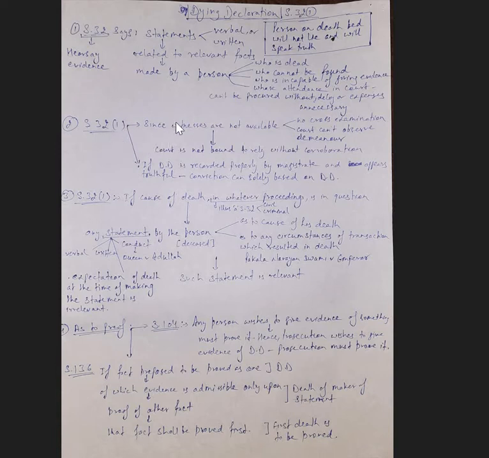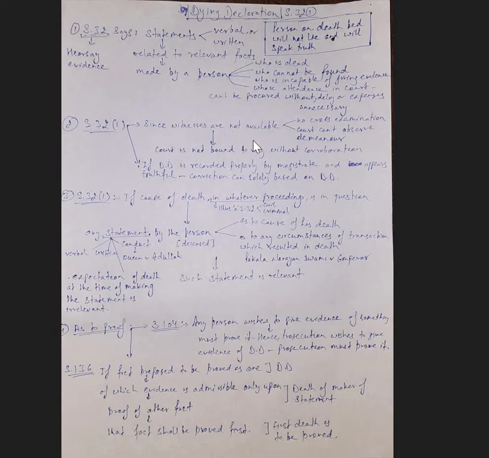dying declaration. Since witnesses are not available, the person who has made the statement has died, so he is not available, cross examination cannot be done, and court cannot observe the demeanor and behavior of the person. If he is in the witness box, then during cross examination court observes the confidence level and the body language of the witness, and then decides up to what extent he should be trusted or not.